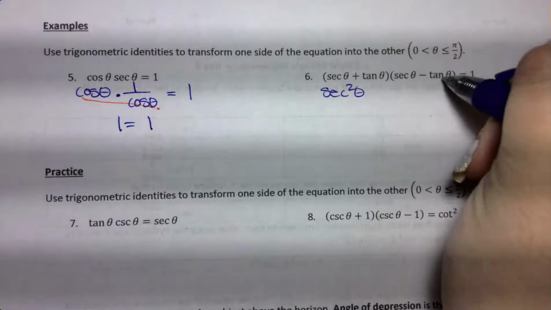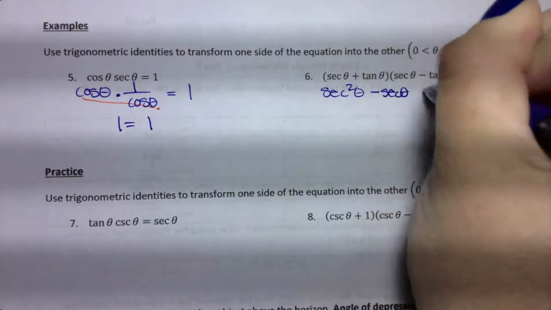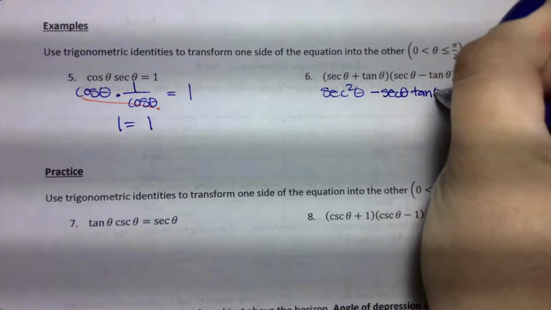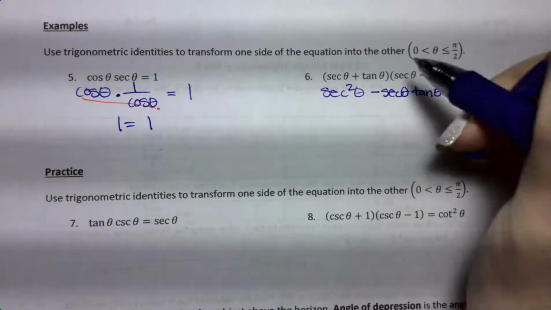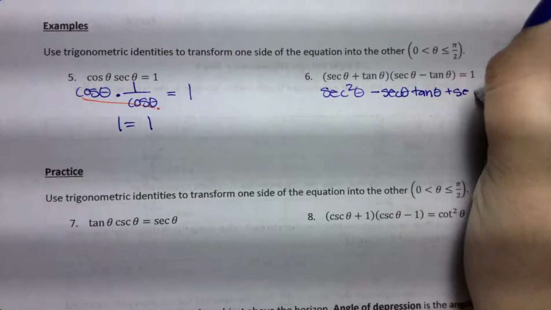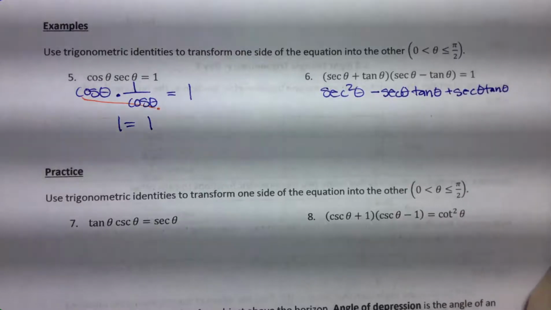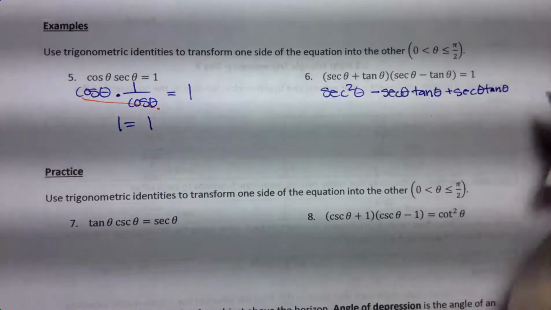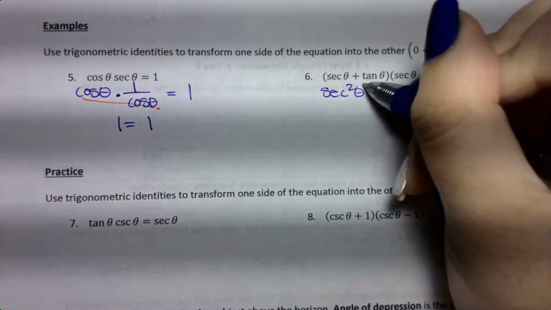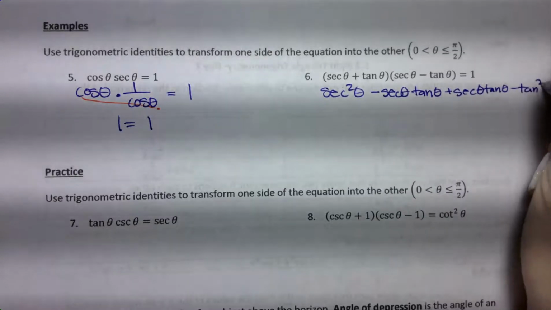Secant of theta times negative tangent theta will give me negative secant theta tangent theta. Tangent of theta times secant of theta will give me positive secant theta tangent theta. And then positive tangent theta times negative tangent theta will give me negative tangent squared theta.